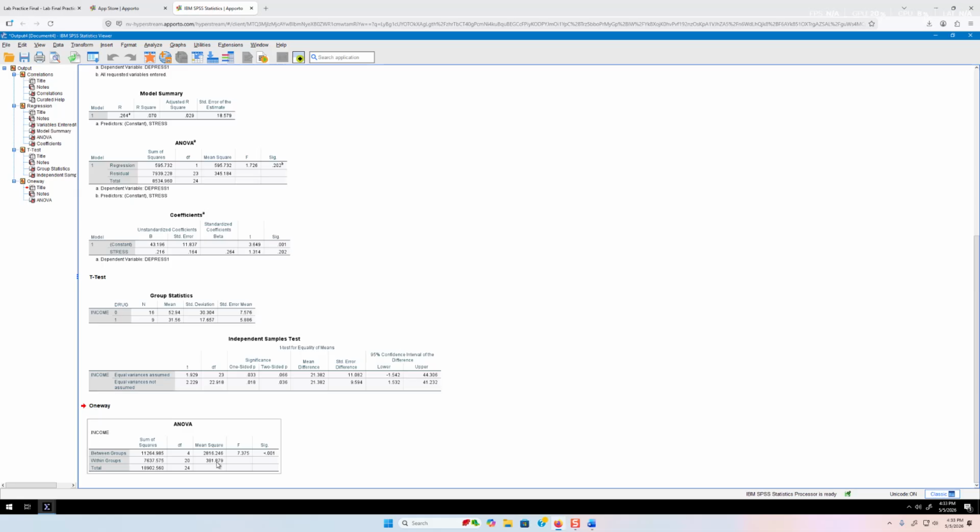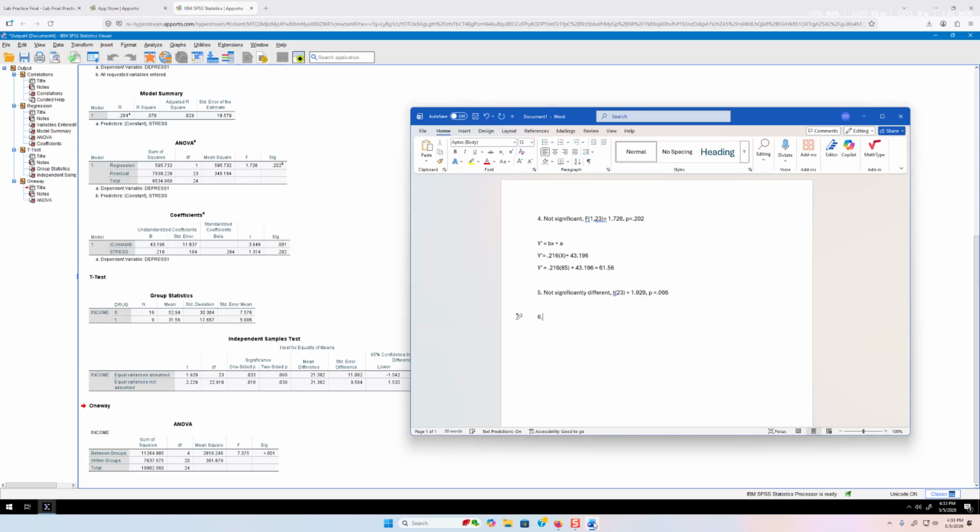And our one-way ANOVA is significant, 7.375. The p-value is less than 0.001, so that is a significant difference. There is a significant difference for number 6.